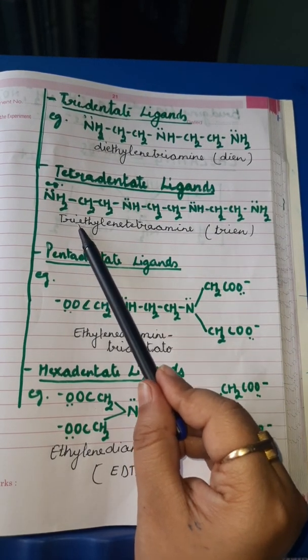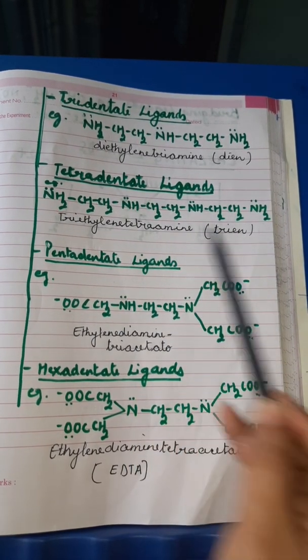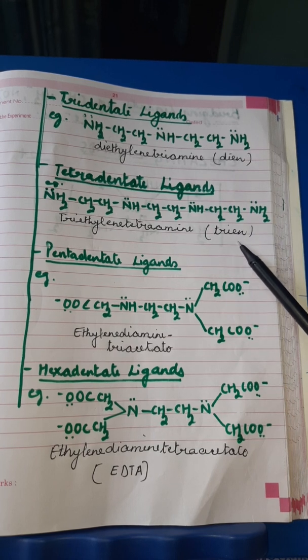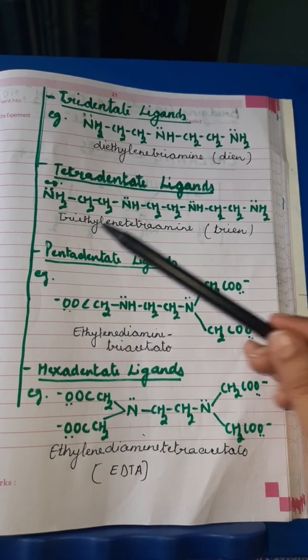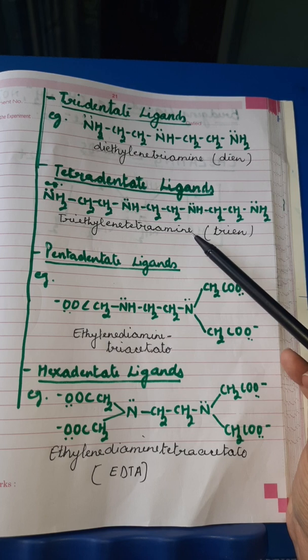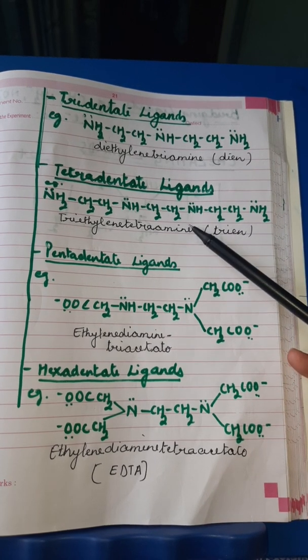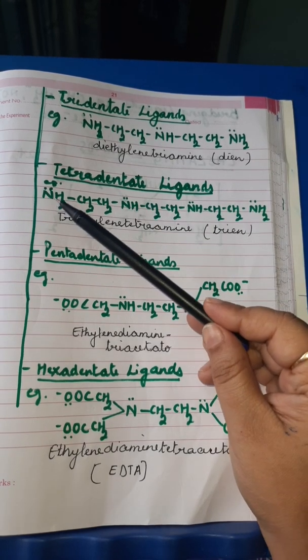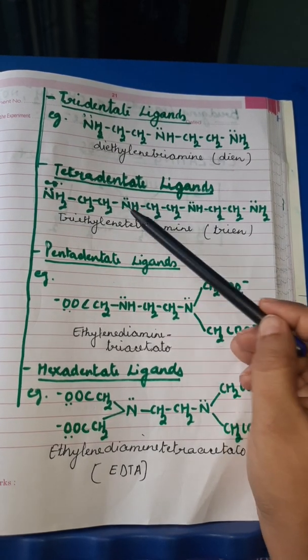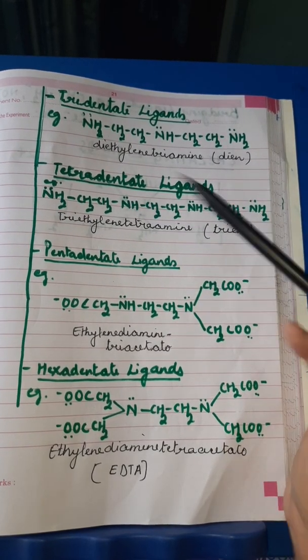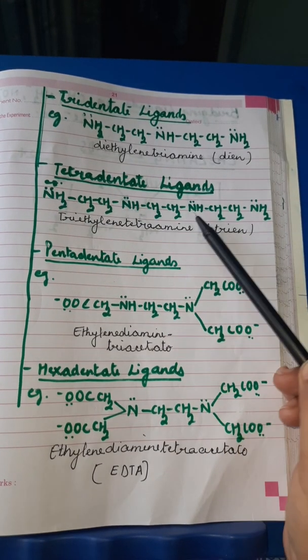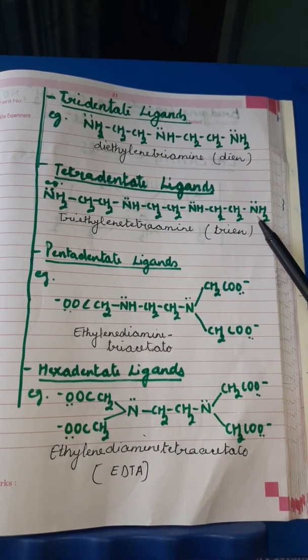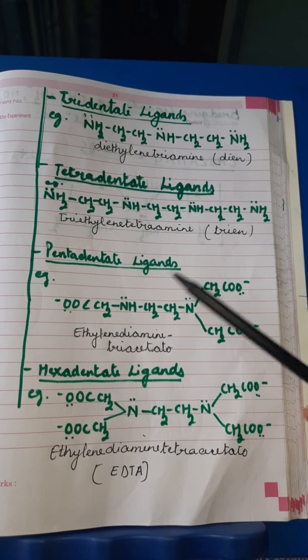The name of the compound is triethylene tetramine, which in short can be written as TRIEN. One ligand molecule of this has 4 donor atoms, the 4 nitrogen atoms in the 4 amino groups present in the molecule.